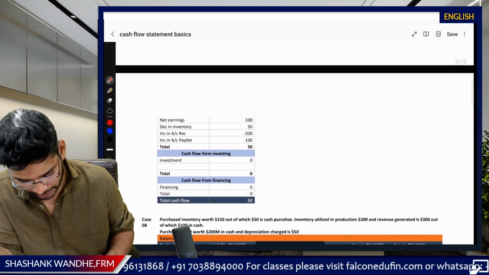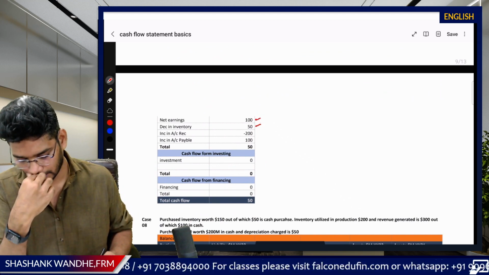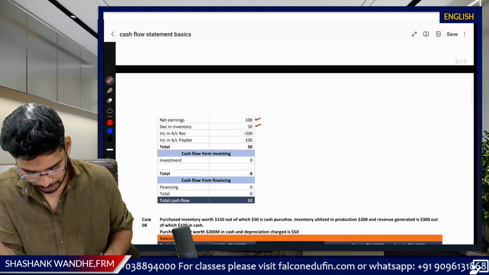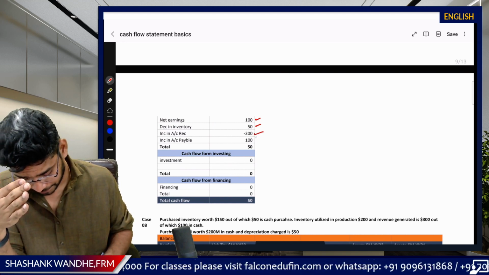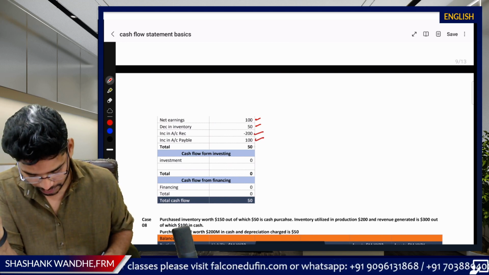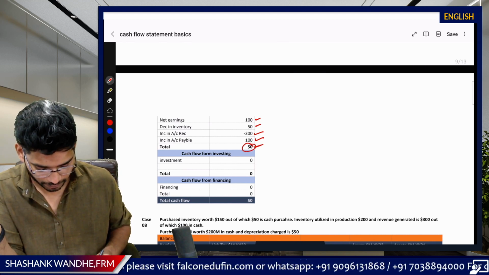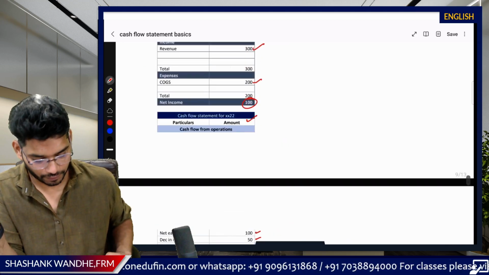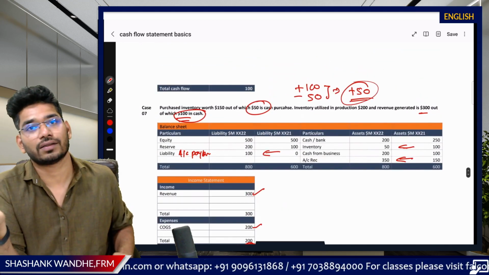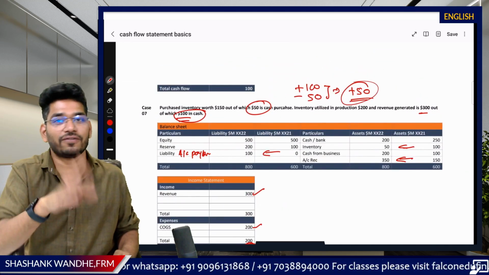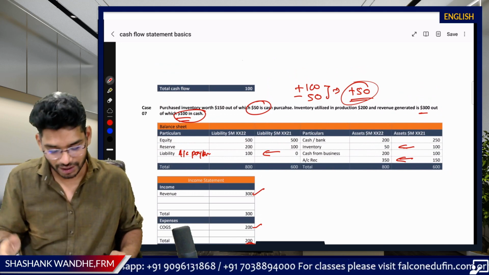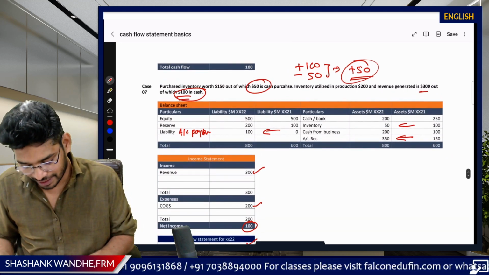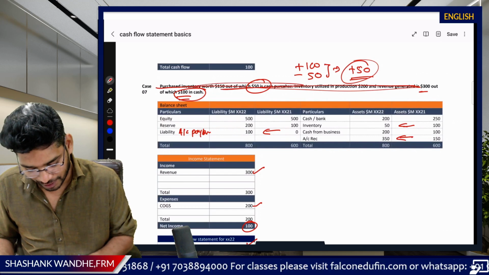If you solve this, net income plus 50, you have 150, minus 200, then plus 100, answer is 50. Cash inflow, CFO of 50. What was our answer? 50, right? So CFO of 50, we already know this from our illustration, but in the exam you won't get this particular part provided.